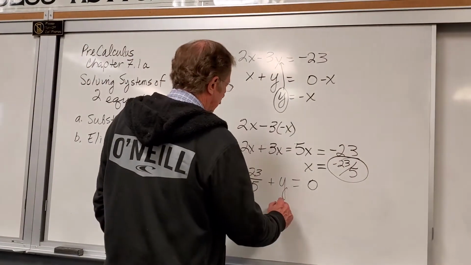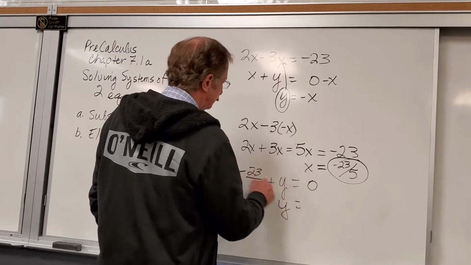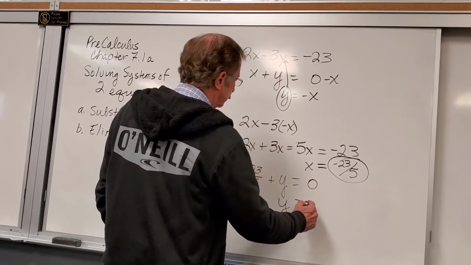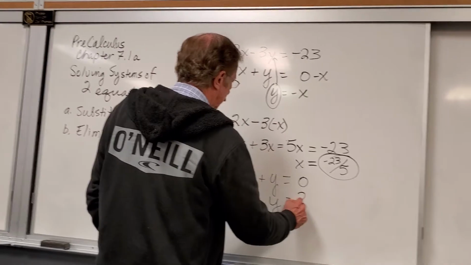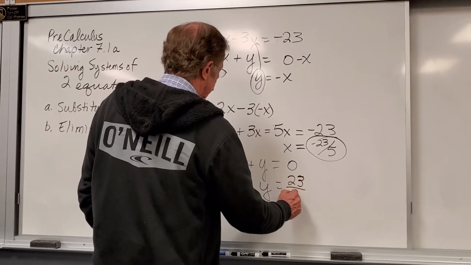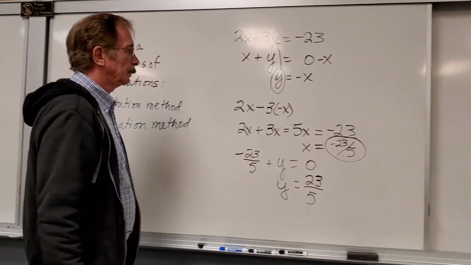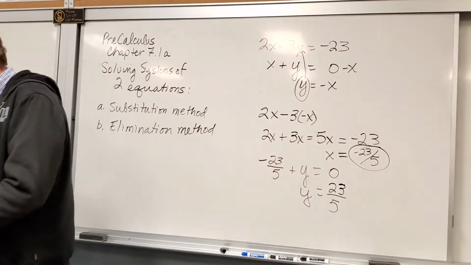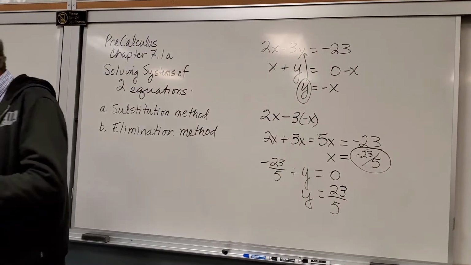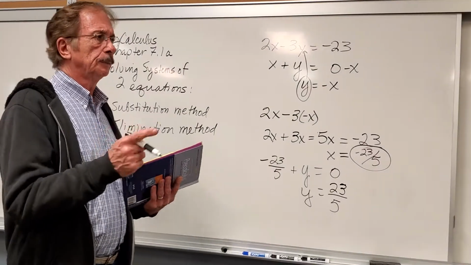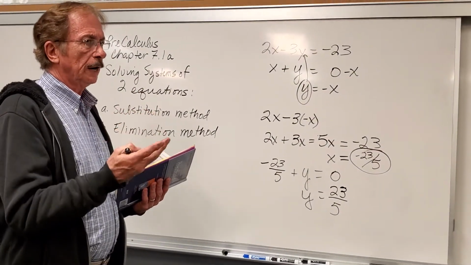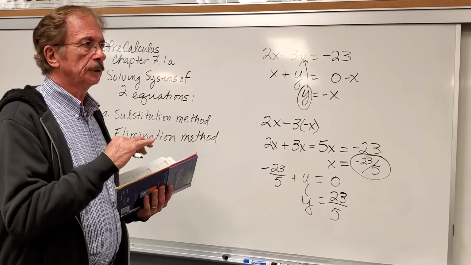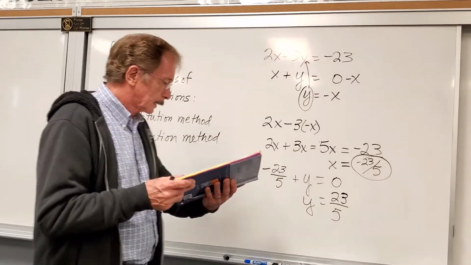Pretty easy. y equals the positive here, and that's why they add up to be 0. 23 fifths. So it's a very simple example of the first section of your assignment. I just want to warn you, there are some where there is no solution. Your answer will not make sense. The x will not fit back into the equation correctly.